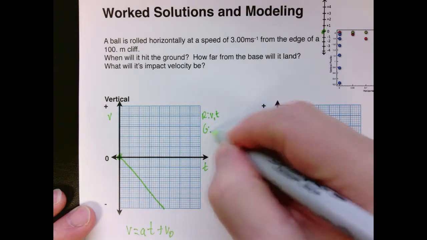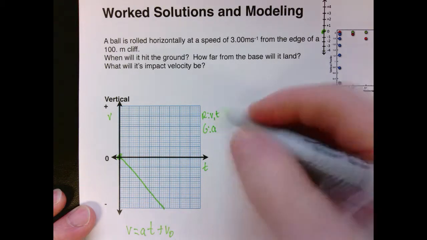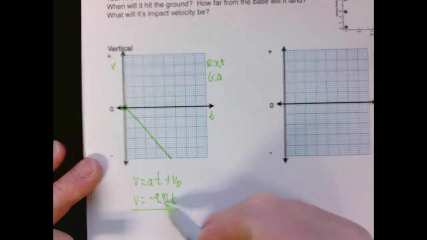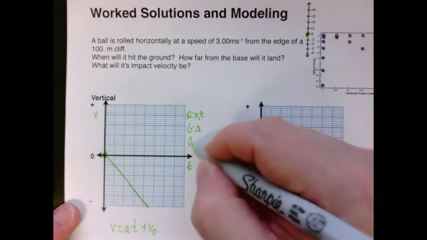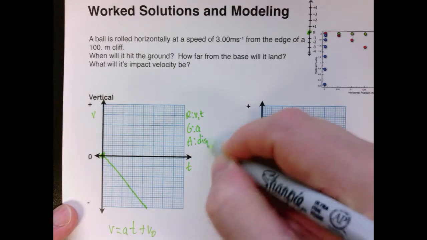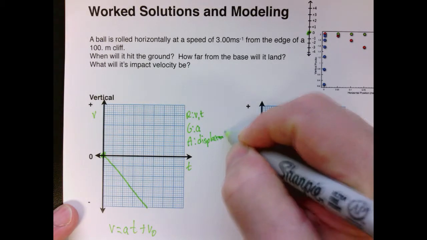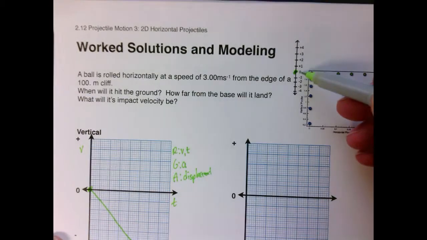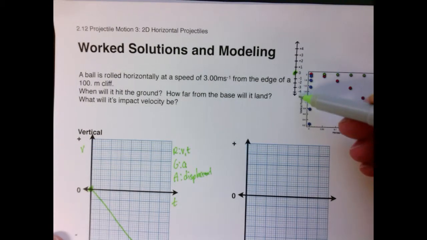The gradient is the acceleration. And notice it's negative, and it's constant, caused by gravity, negative 9.81. And the area will give us the displacement. And if you recall, the area here will be negative, which means the displacement will be negative. In our coordinate system, the displacement would be negative.